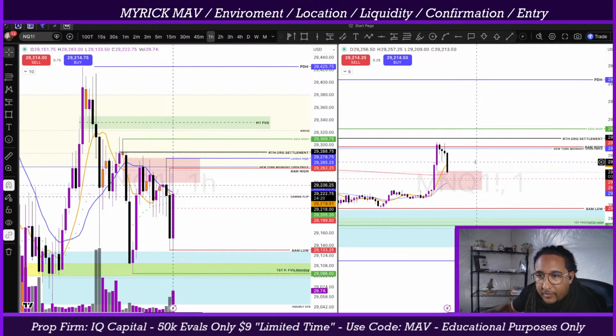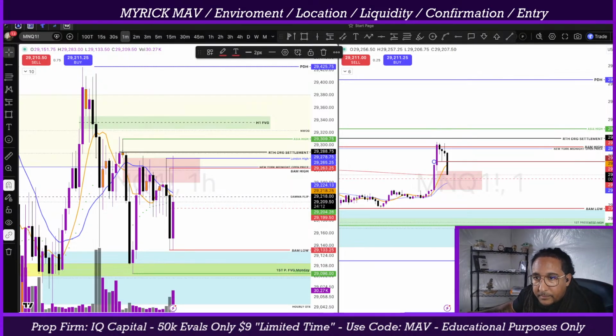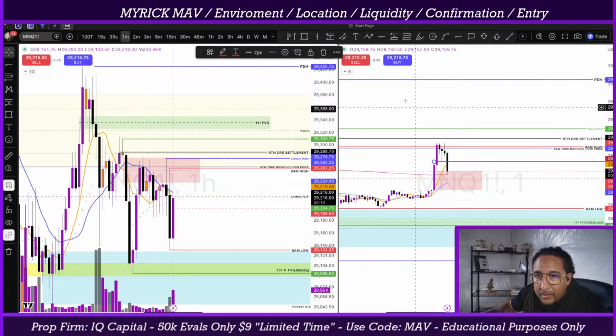So let's see if we inverse this gap here. If we inverse that gap, let me jab it short here. We got about 10 seconds left.